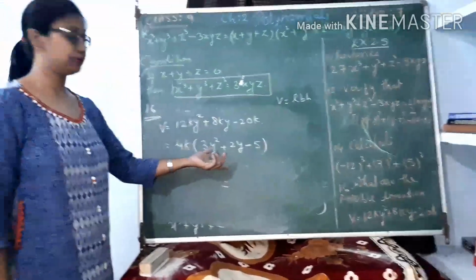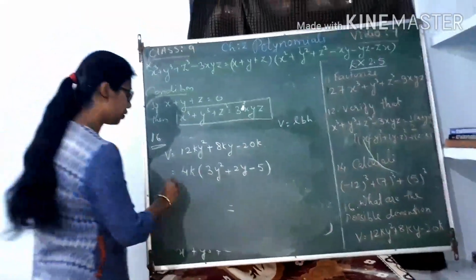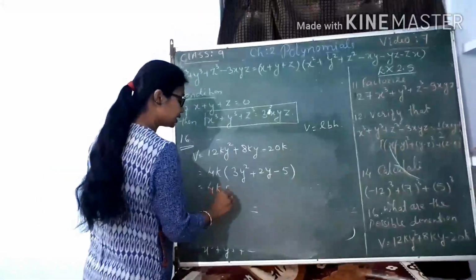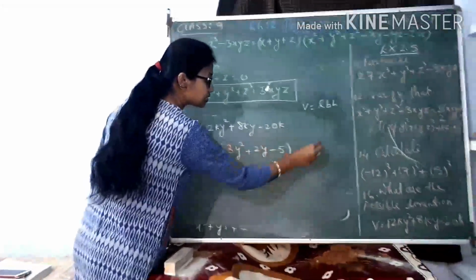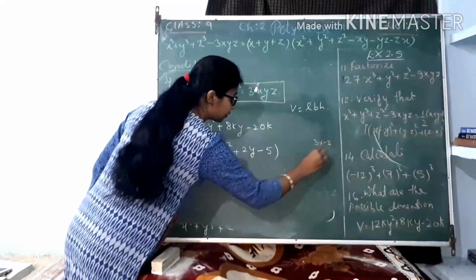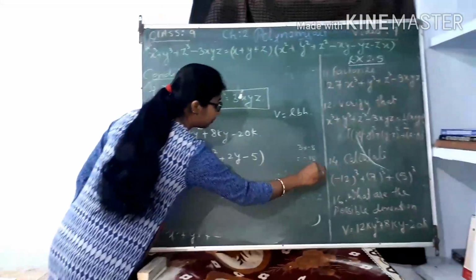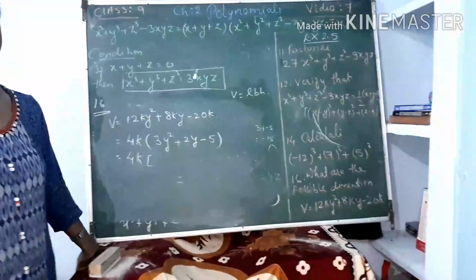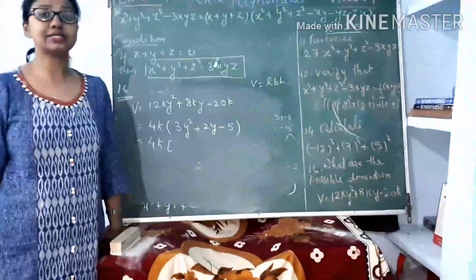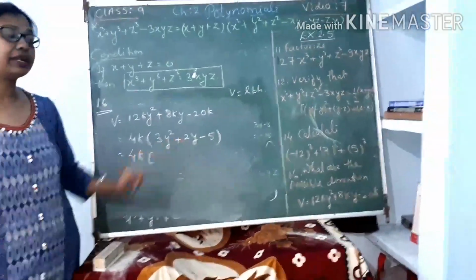We have already done factorization. 4k, write down as it is. First and last terms multiplied, 3 into minus 5, gives you minus 15. Find two numbers whose multiplication gives minus 15 and whose sum or difference gives the middle term.